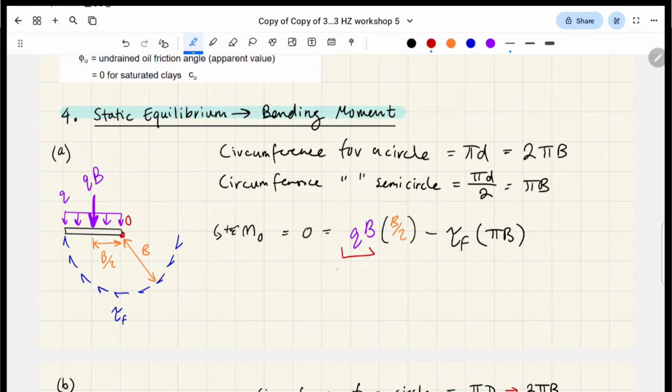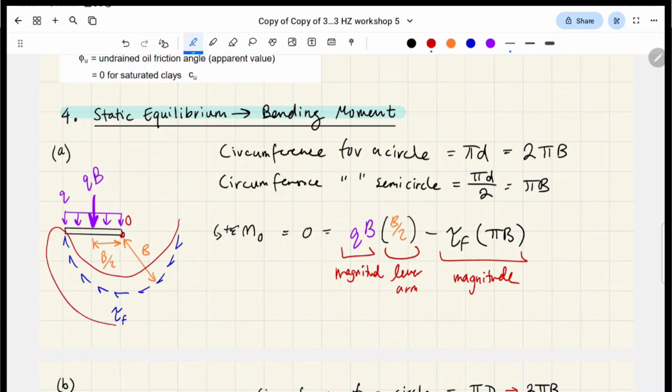Good. So now we have magnitude. We have lever arm. And this is our magnitude, right? So of course we still need a lever arm, okay? So think about what would be the lever arm of this force to point O. B, exactly.